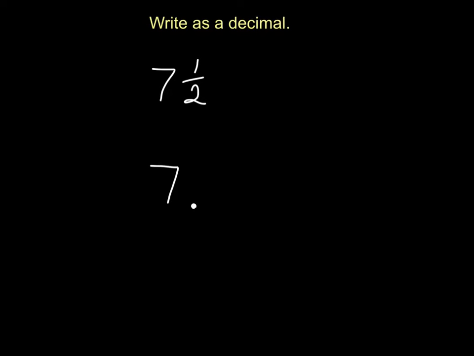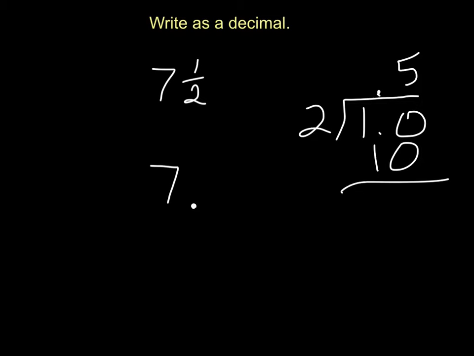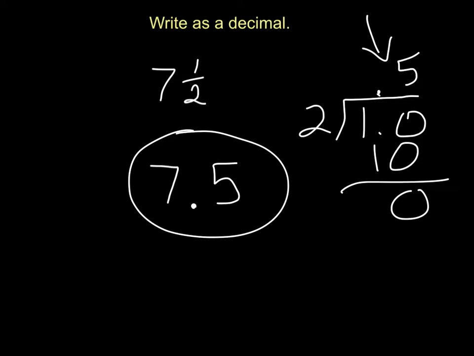You might know that half as a decimal is 0.5, but if you didn't, you would do your division and say 2 goes into 10 5 times. 5 times 2 is 10, and you're left with nothing. So I would have 7.5 as my decimal for 7 1/2.